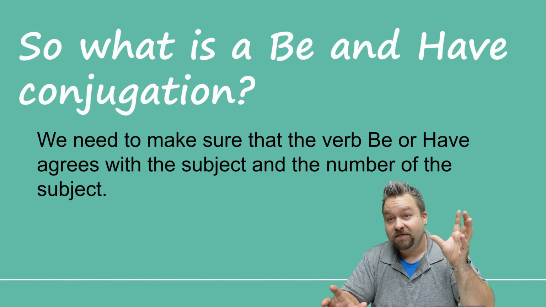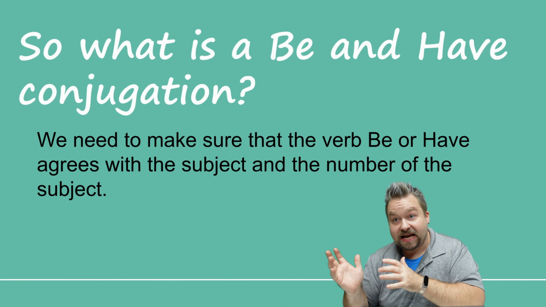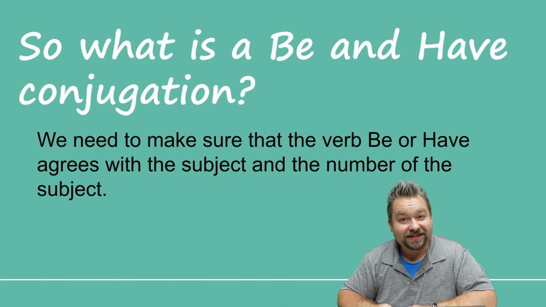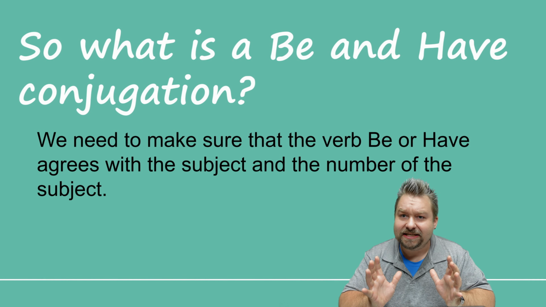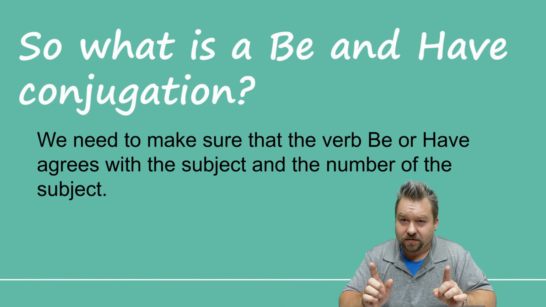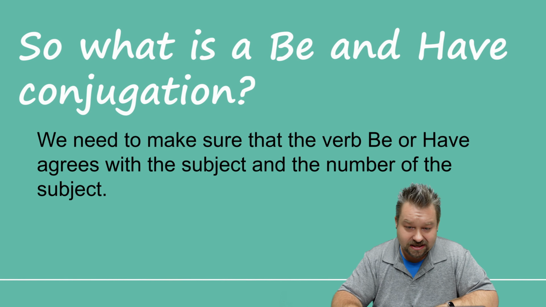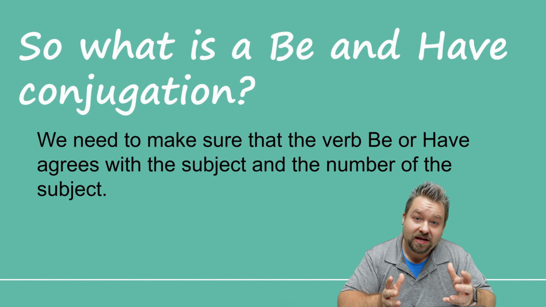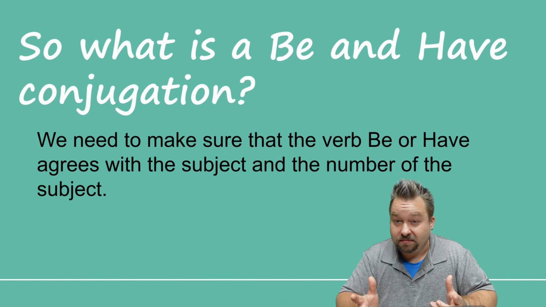Okay, so now we've looked at both these. We've looked at the be verb and have verb, and we've changed it for present tense and past tense. It really wasn't hard, was it? Yeah. You already knew how to do this. You learned it before. But we just need to make sure you don't get confused on be and have. So, what is a be and have conjugation? Well, like I just said, we make sure that the be and the have match the subject and the number of the subject, right?